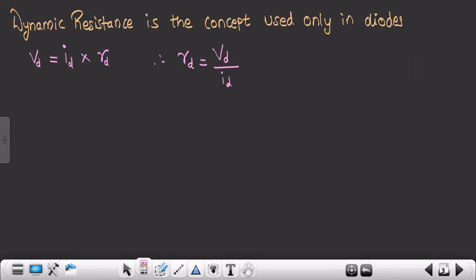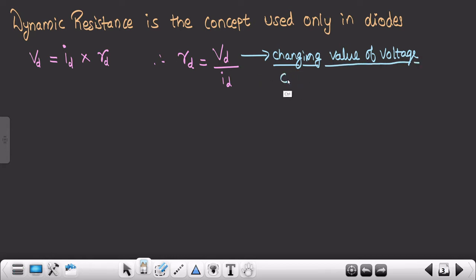But what if I change the value of voltage, or if I'm fluctuating it? Obviously the value of current will also change.